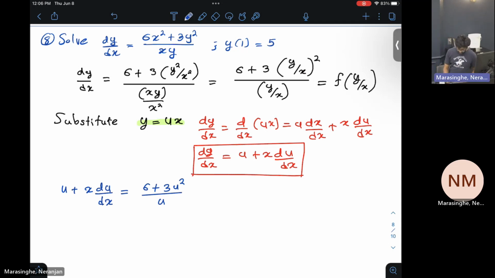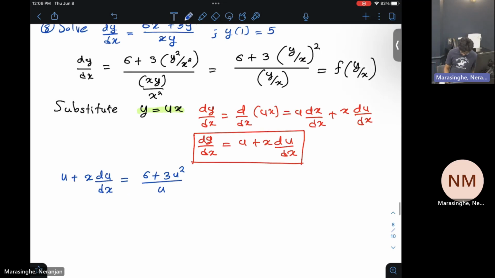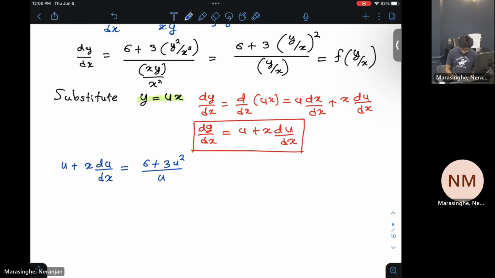Now let's try to find what is du over dx. Okay. Now I have u on this side. I'm going to take that u onto my right hand side. Okay. What should I get? x times du over dx equal to 6 plus 3u square divided by u minus u.